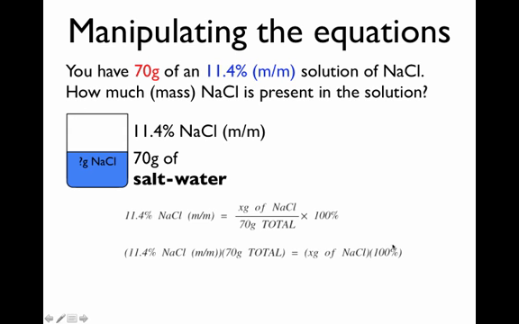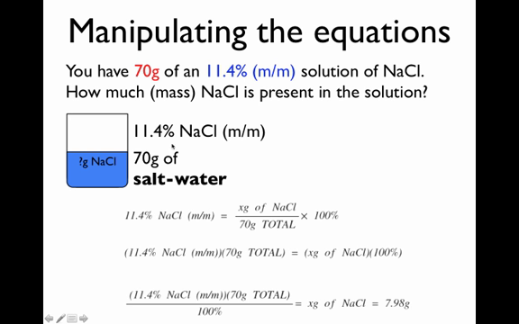To get rid of the 100%, we divide both sides by 100%. When we do that, we will get x. And x is equal to 11.4% times 70 grams divided by 100%. And if you do that out, you will come out with about 7.98 grams.